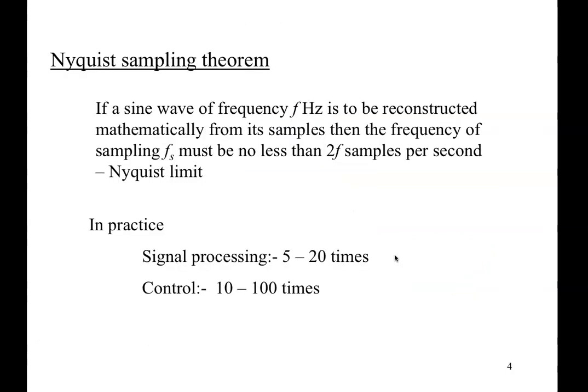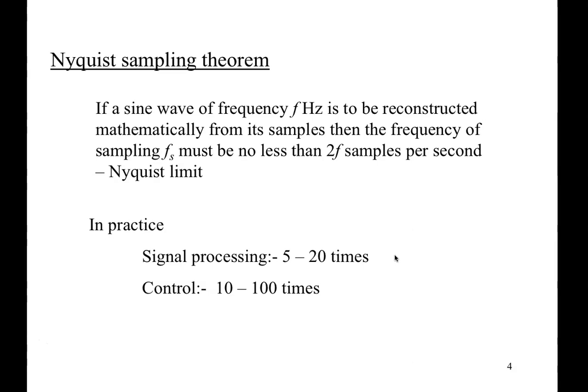So there's a theory that says if a sine wave of a particular frequency is sampled and reconstructed mathematically from its sampling, then your sampling frequency must be no less than twice the frequency of the original signal.